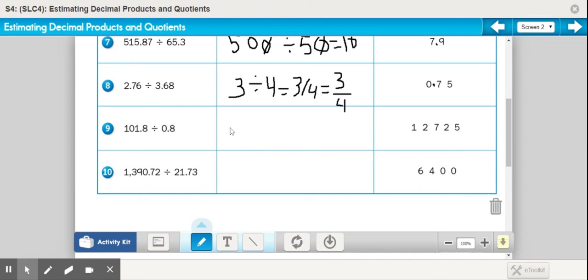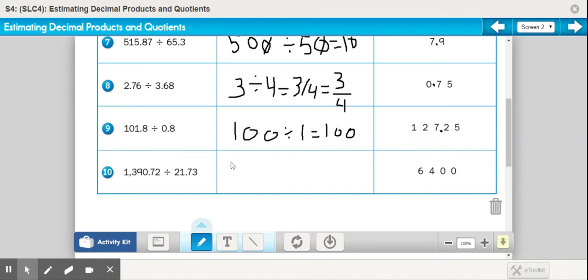Go ahead and see what you can do on your own. $127 and 25 hundredths is close to 100, so that is correct.